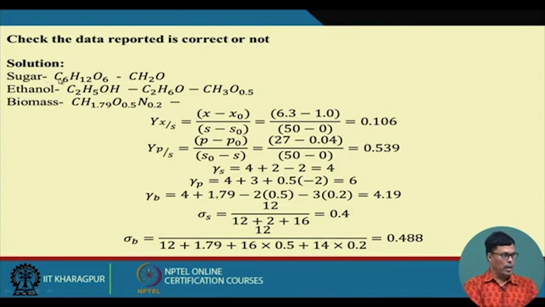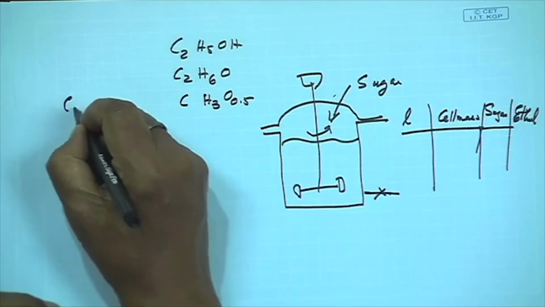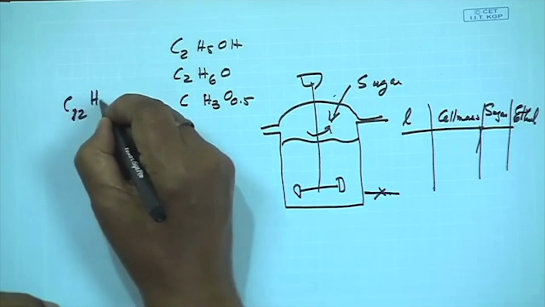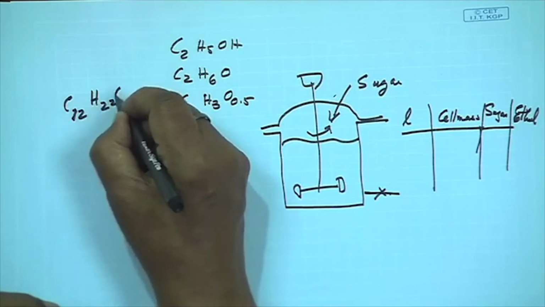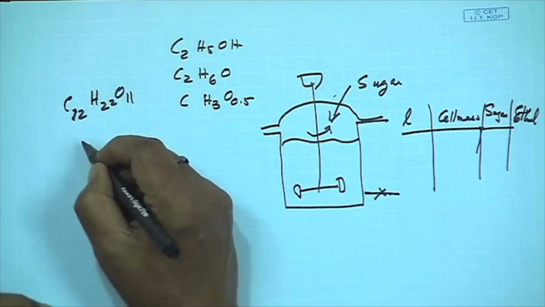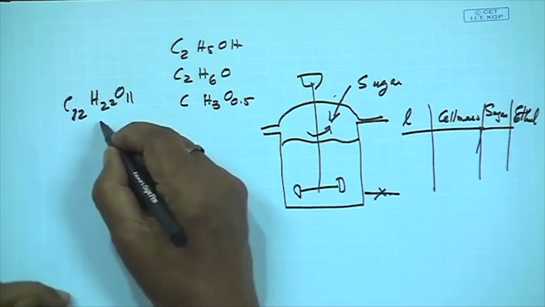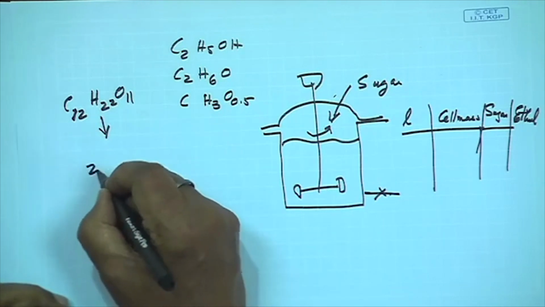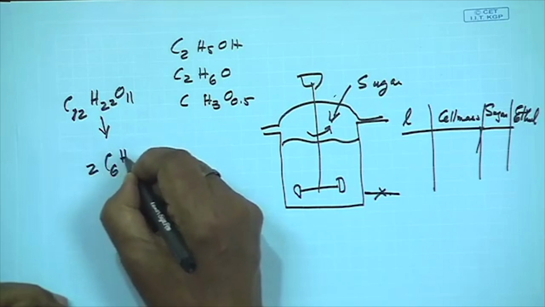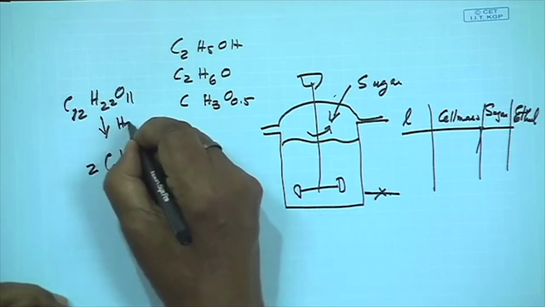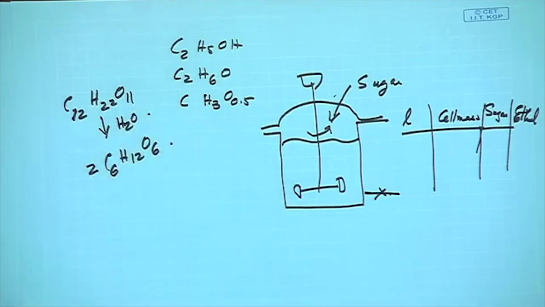Now sugar has the formula C12H22O11. Am I right? When it hydrolyzes in the presence of water, it produces 2 C6H12O6.